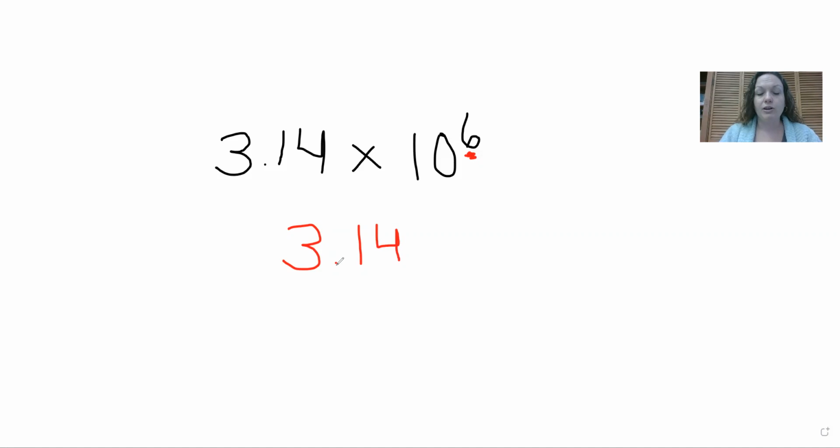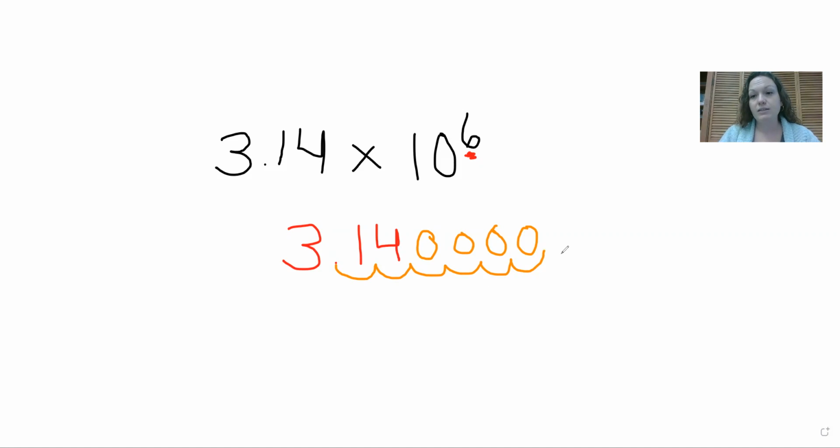Let me change colors here. So 1, 2, 3, 4, 5, 6. If you have a blank here with no digit, you need to put a 0. So I'm going to put that here. Okay, now a common mistake is forgetting to put the decimal point.